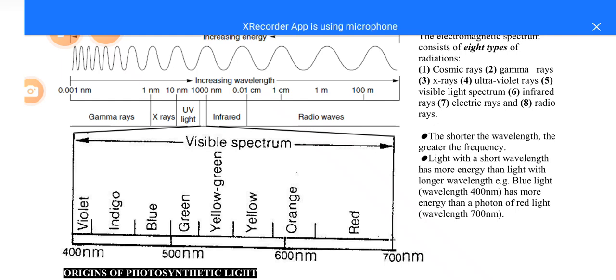For example, blue light, which has a wavelength of 400 nanometers, has more energy than a photon of red light, which is 700 nanometers. So light with a short wavelength has greater frequency than light with a longer wavelength.